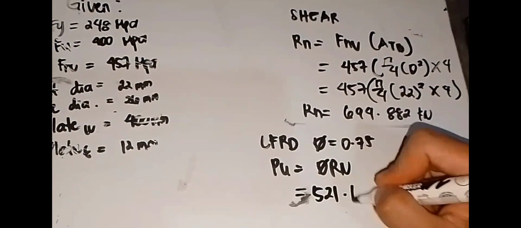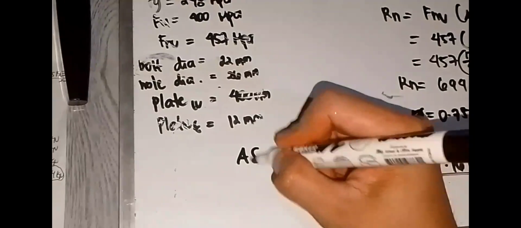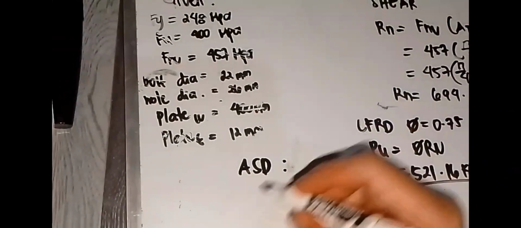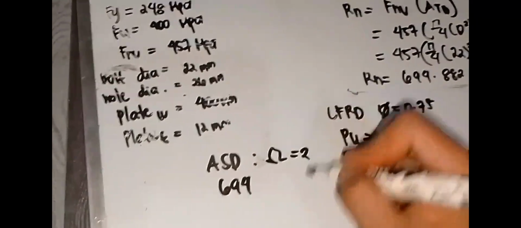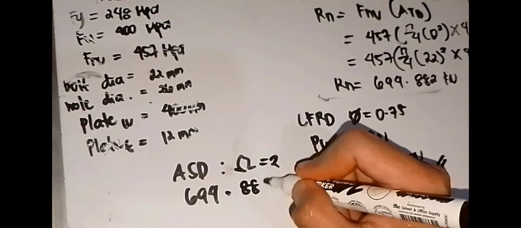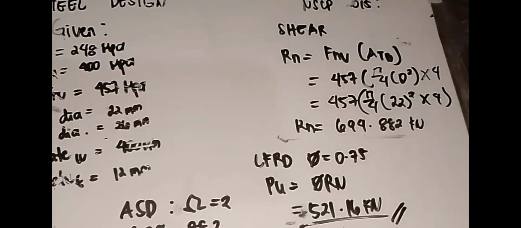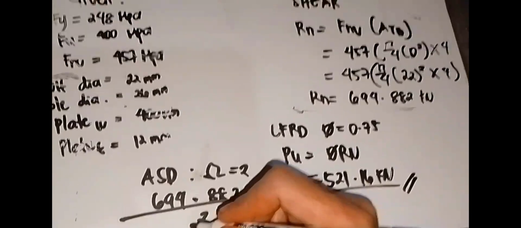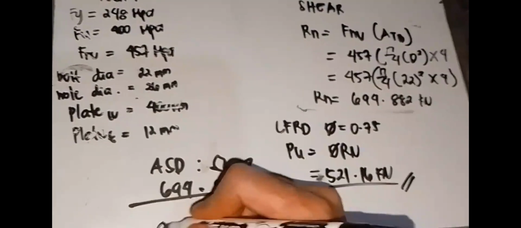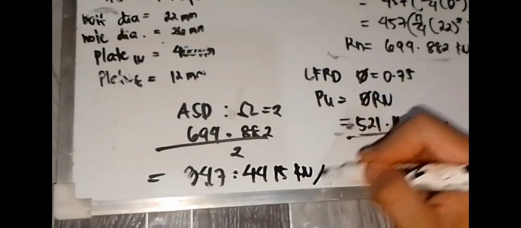So we can get 521.16 kilo Newton. So in ASD, the omega is 2, so 694.882 over 2, so we can get 347.4415 kilo Newton.